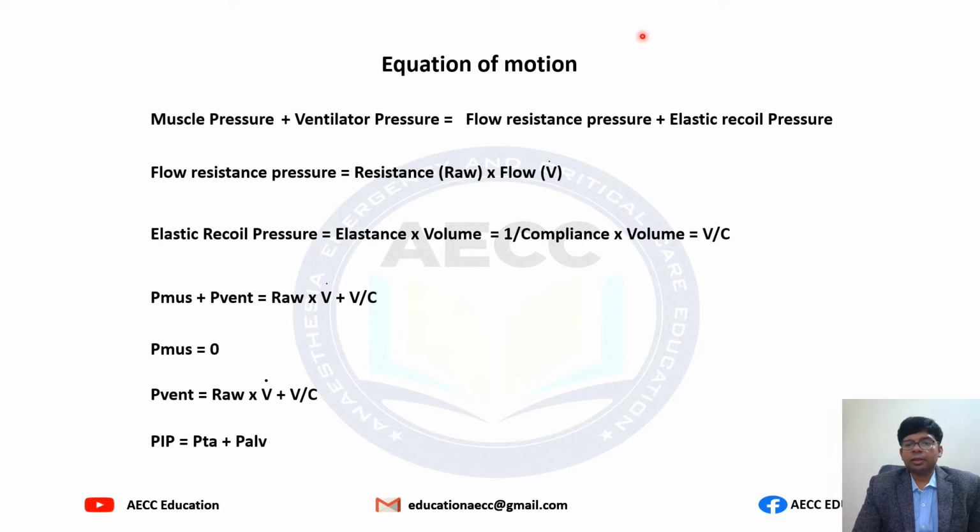Flow resistance pressure is equal to the resistance of the airway times the flow, and the elastic recoil pressure is equal to elastance times volume. Elastance is inversely proportional to compliance. So if we put this in the formula, it will be volume by compliance. Hence, the elastic recoil pressure is equal to volume by compliance.